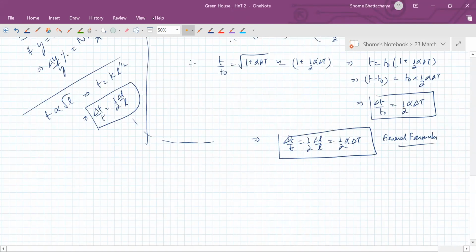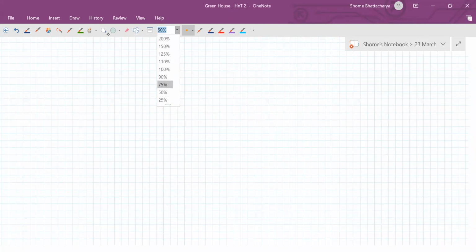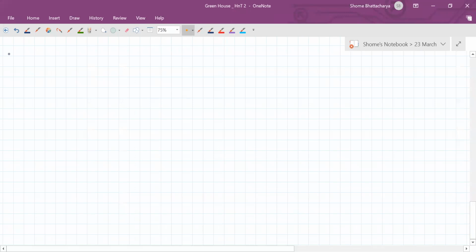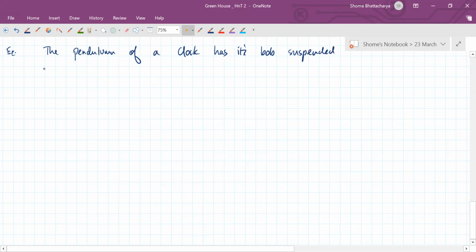Okay, so let's now look at an example problem based on this. So pendulum of a clock, okay, has its bob suspended by a thin metallic wire of coefficient of linear expansion.